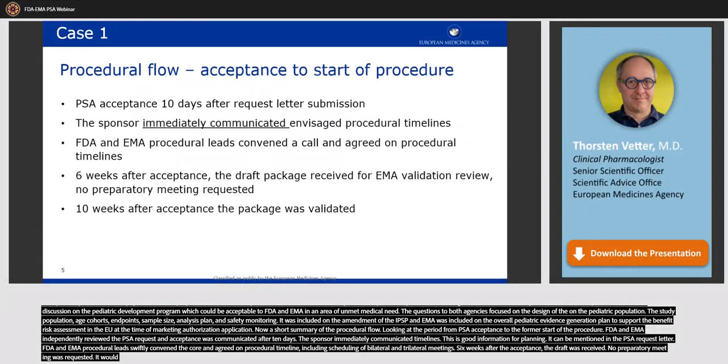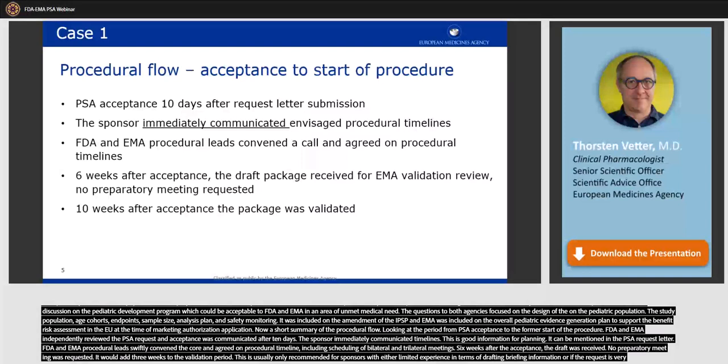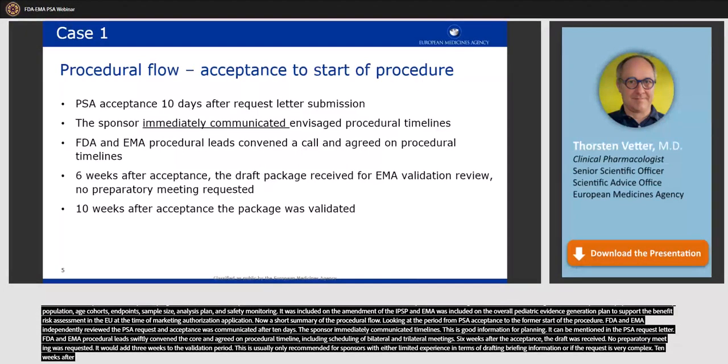But this is usually only recommended for sponsors with either limited experience in terms of drafting briefing information or if the request is very complex. 10 weeks after PSA acceptance, the briefing package was validated by the EMA and submitted to FDA at the same time, and the procedure formally started.